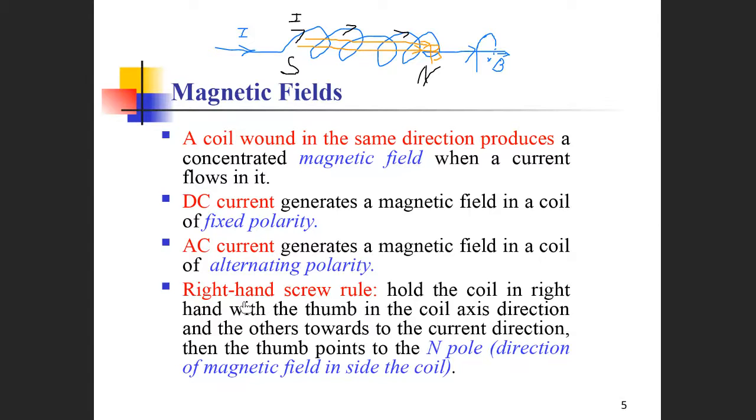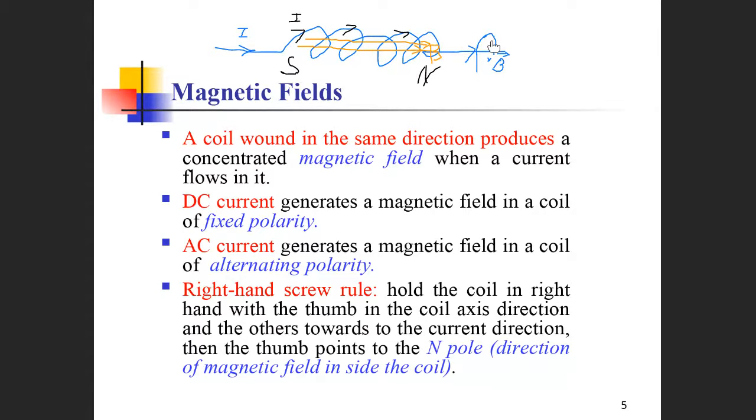We just said that the current produces the magnetic field. Look at it here, the right hand screw rule. This is the direction of the current in the coil. The thumb of the right hand points to the direction of the magnetic field inside the coil.